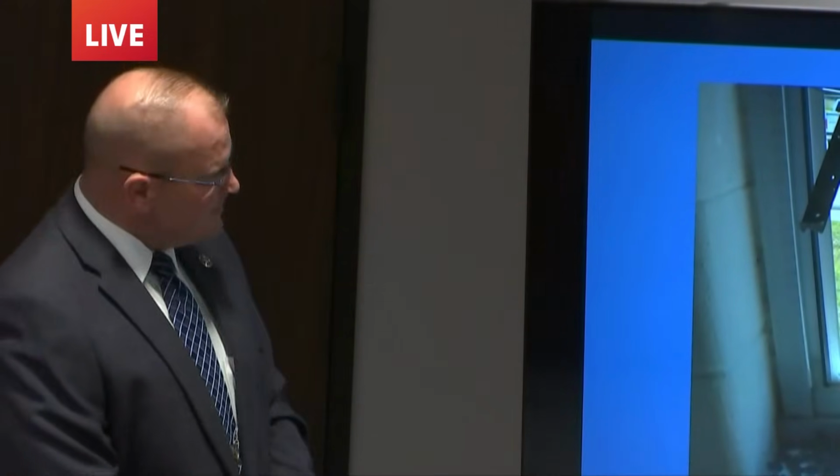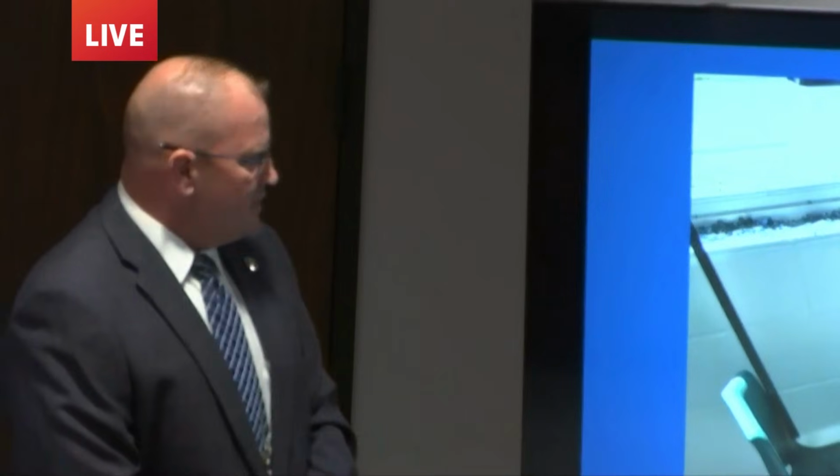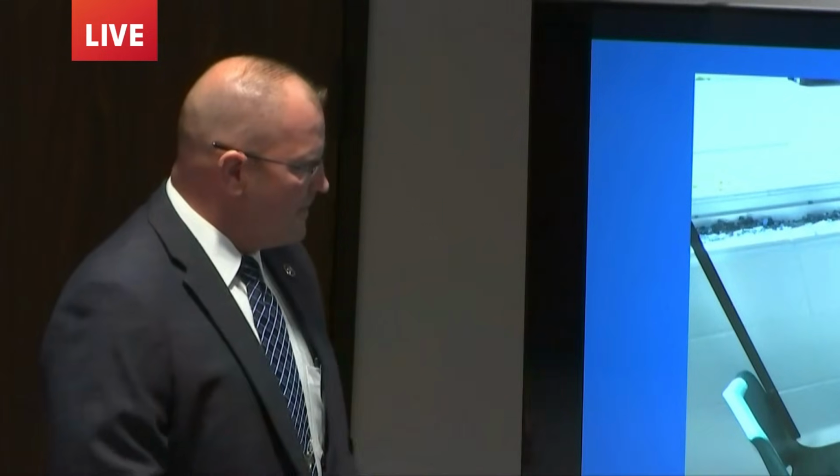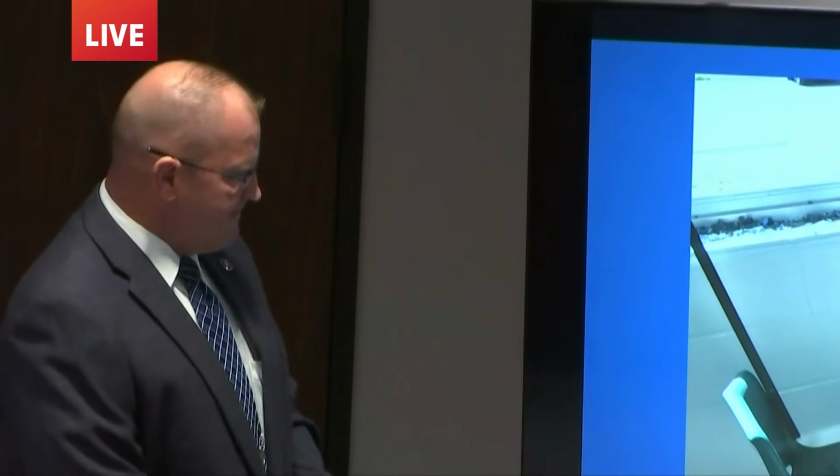Exhibit 182. Going to be another photograph of this window. You can see the window down here, the window frame that had been removed from the original housing, and it's just down here on the floor. And did you photograph the damage to the window frame when it was in that position? Yes.